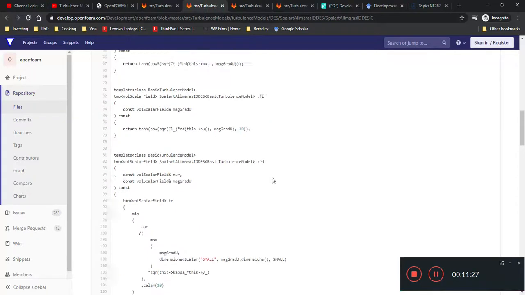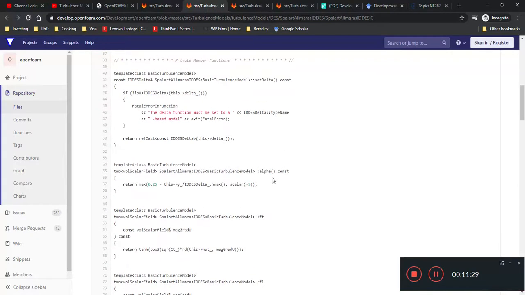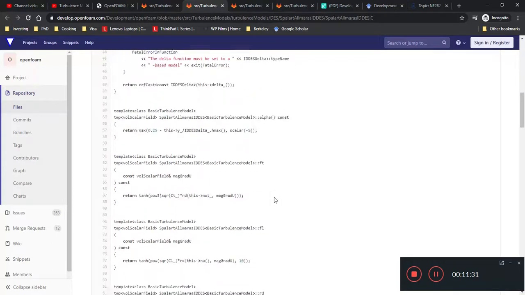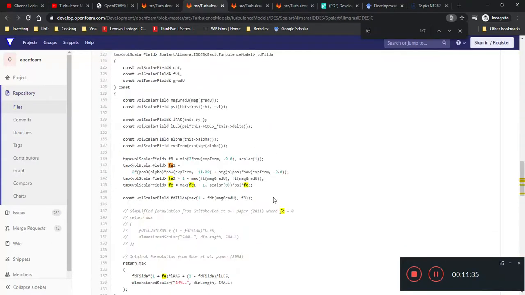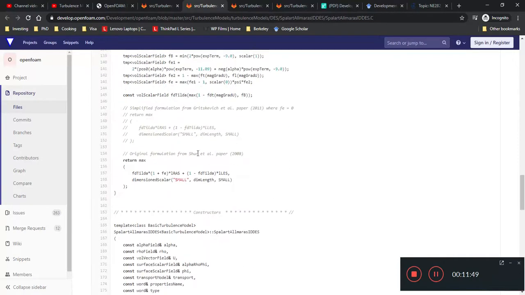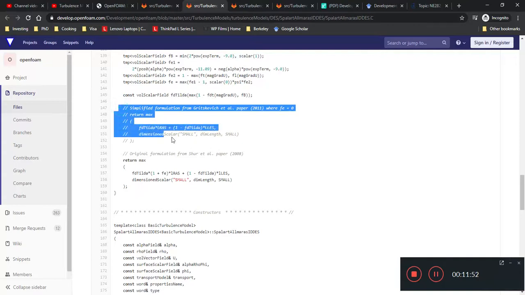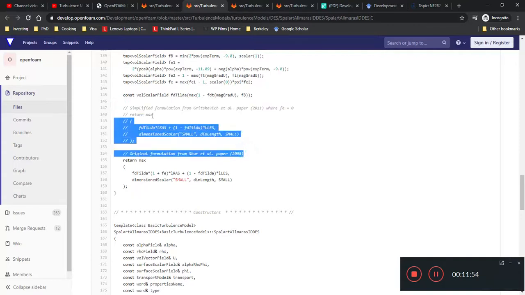For the IDDES, if you want to see whether they use FE, you can just press Ctrl F and type in FE, and you'll see that the FE is here from line 139 to 144. This is where you find your FB functions and FE functions. You notice they're still there. They didn't use the simplified version. The simplified version was in line 147 to 154, but this is only in the comments.